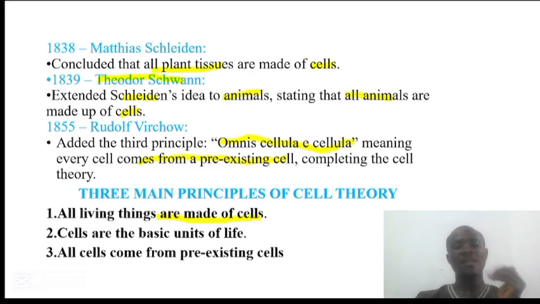It was Rudolf Virchow who ended that debate with his experiments, after which he stated omnis cellula e cellula, meaning all living cells came from pre-existing living cells.